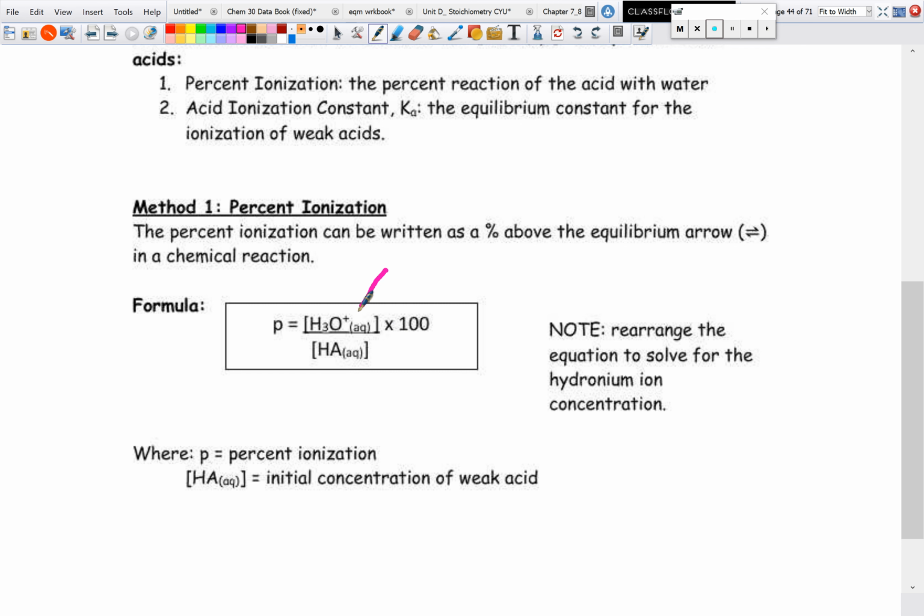We can get this in two ways: from a pH or ice tables, and that is using the ionization constant for an acid, or the equilibrium constant for an acid. We're going to look at two of those for today, and then of course apply it into this equation.